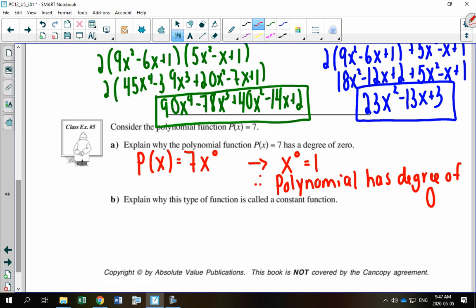Okay, explain why this type of function is called a constant function. So the reason is no matter the value of what x is, the value of the polynomial doesn't vary. So p(x) is constant.